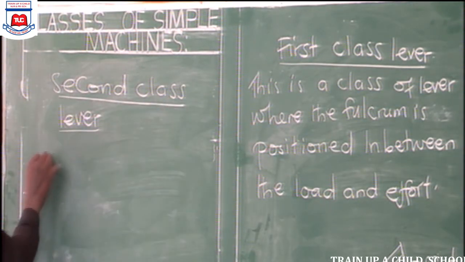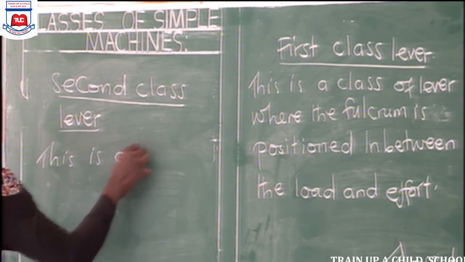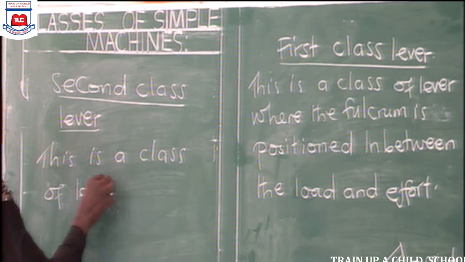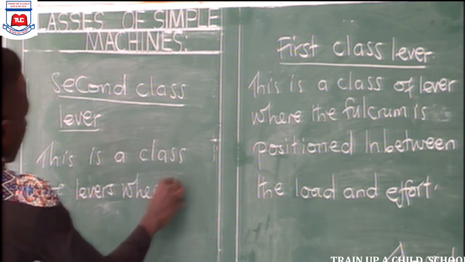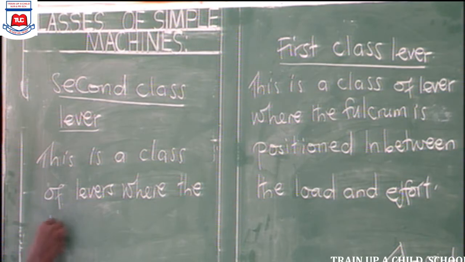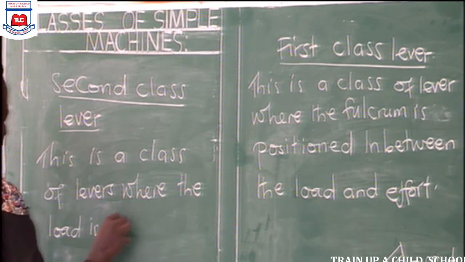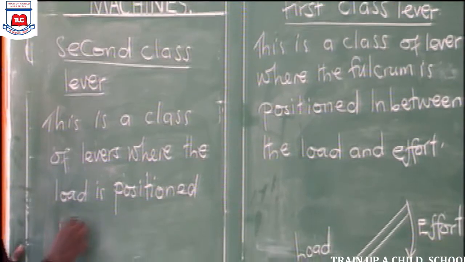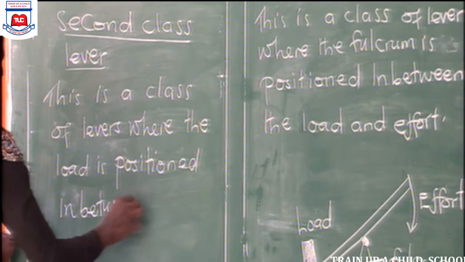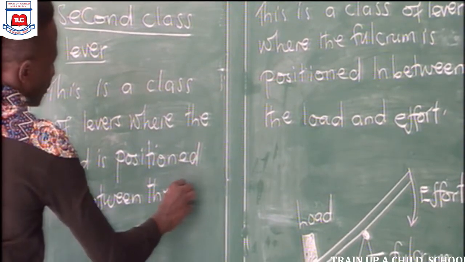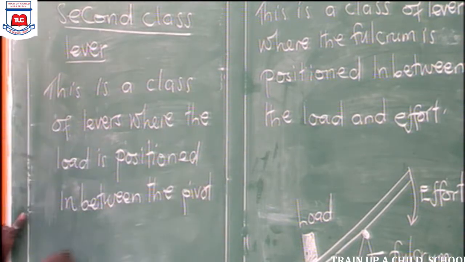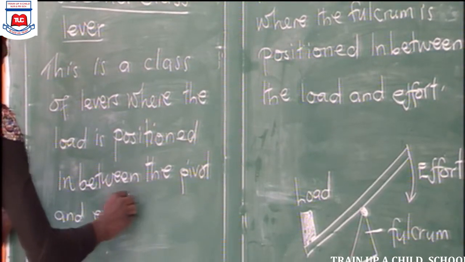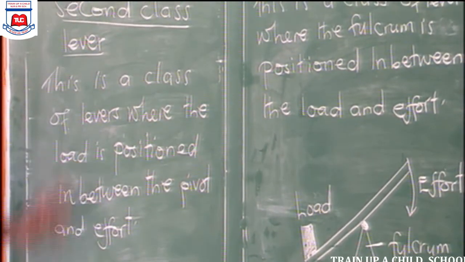We say this is a class of lever where the load is positioned between the fulcrum, or I can use the word pivot, and the effort. So this is the definition of the second class lever.